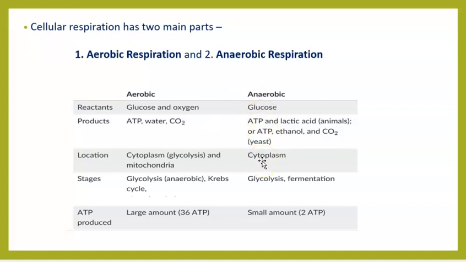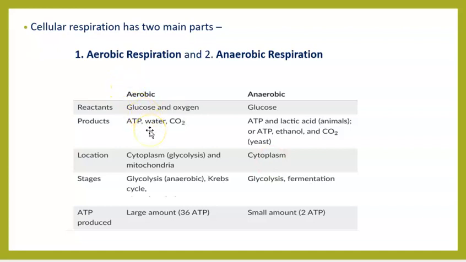Anaerobic respiration takes place totally in the cytoplasm of a cell. For both, glycolysis is common. But under aerobic, you have to learn about the Krebs cycle. Under anaerobic, we talk about fermentation: lactic acid fermentation and ethanol or alcohol fermentation.